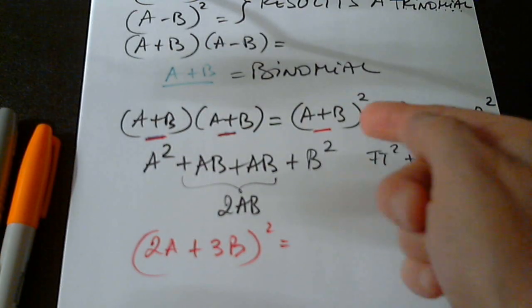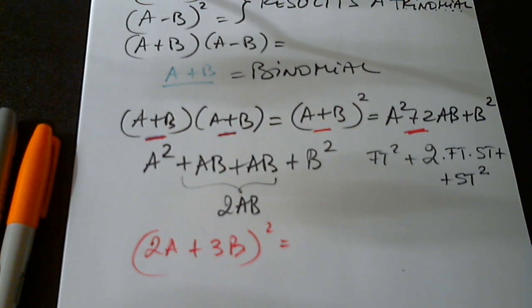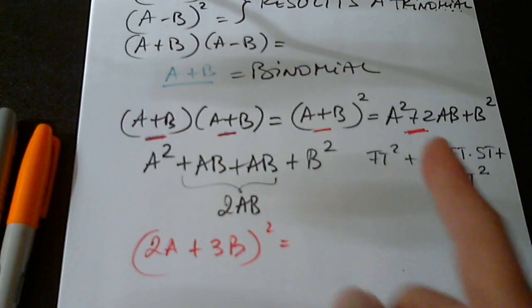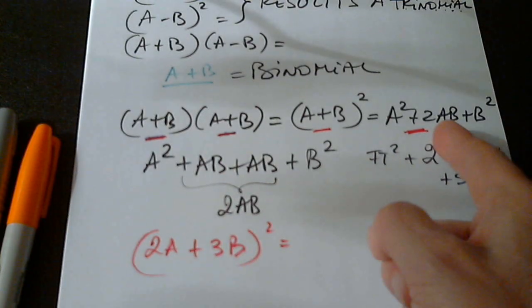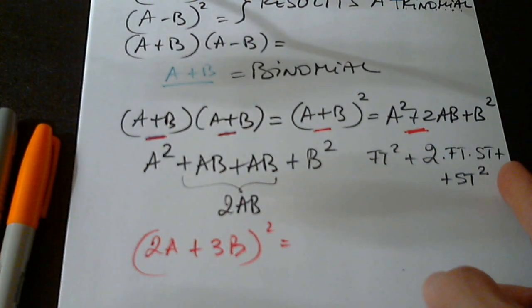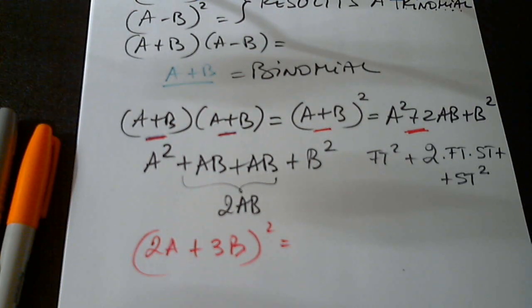So how do I quickly remember the formula or the special product? First term squared plus twice times the first times the second and plus the second term squared. Do we understand this step? Do we see the pattern?